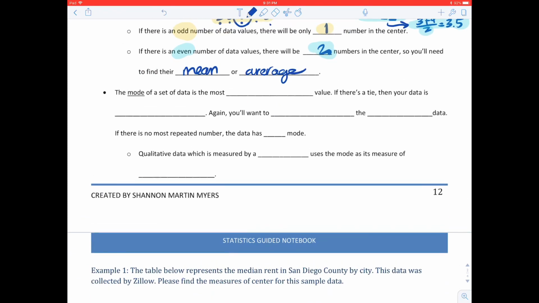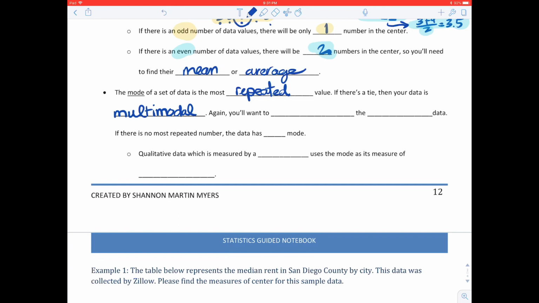Now the mode of a set of data is the most repeated value. If there's a tie, then your data is multimodal. So if you had two modes, you would call it bimodal. If you had three modes, trimodal.